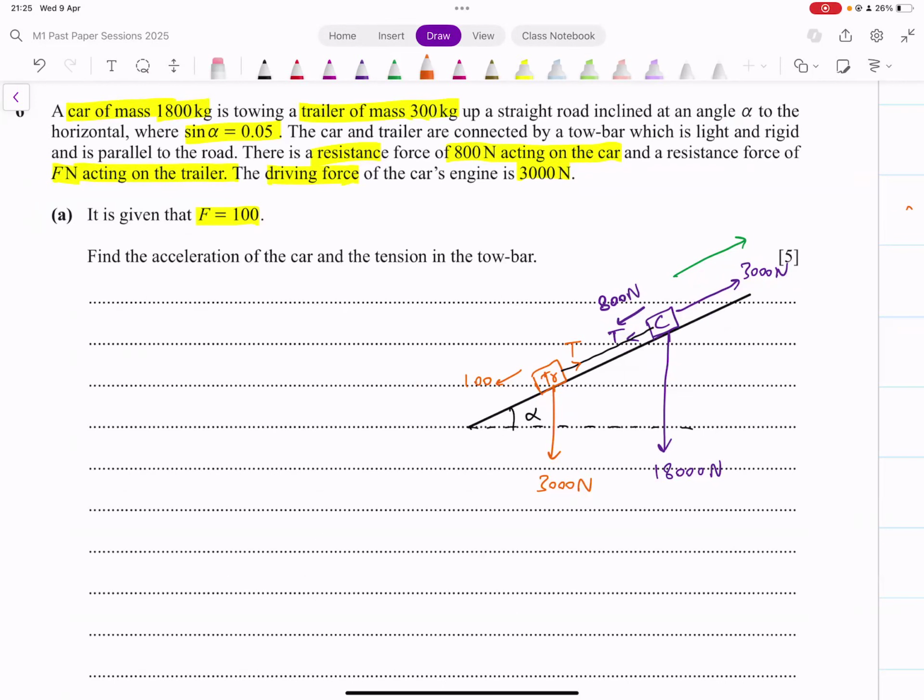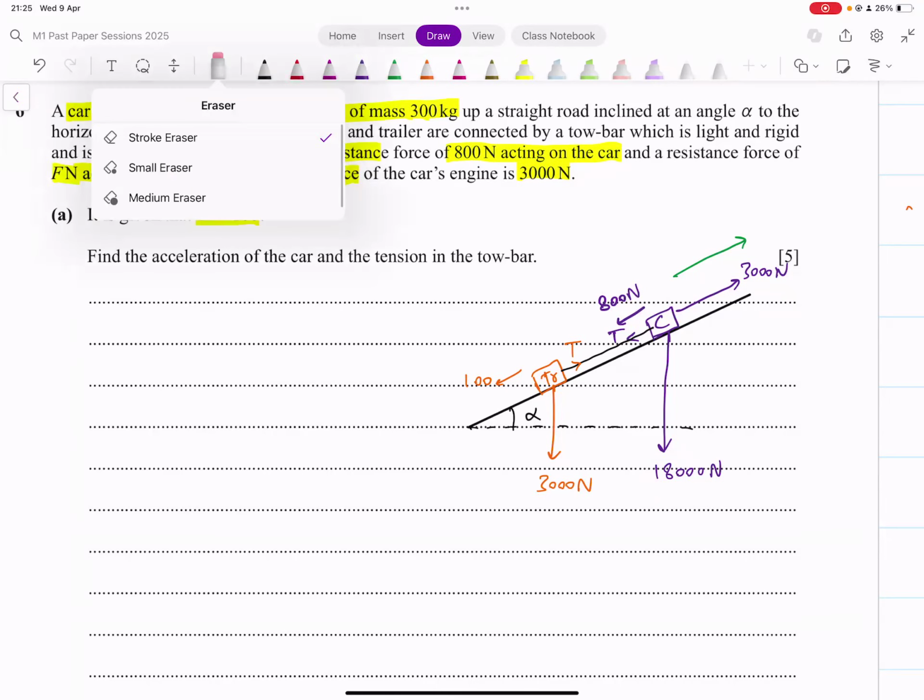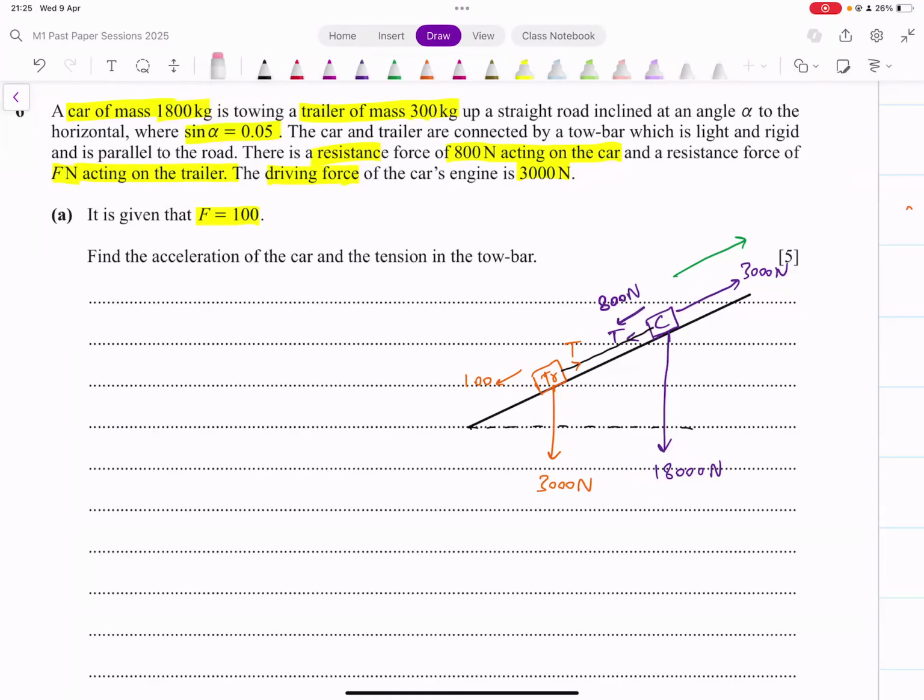Now what we do is we apply Newton's second law of motion on both the objects one by one. For that, we also have to resolve the weight first of all. This is 18,000. The angle of inclination of the plane is alpha. So let's say this angle is alpha. The component of weight of trailer in this direction is going to be 3,000 sine alpha, because this is the angle alpha, right? There's going to be one component here as well, but we don't need that. We have two components for weight, one in this direction, one in this direction.